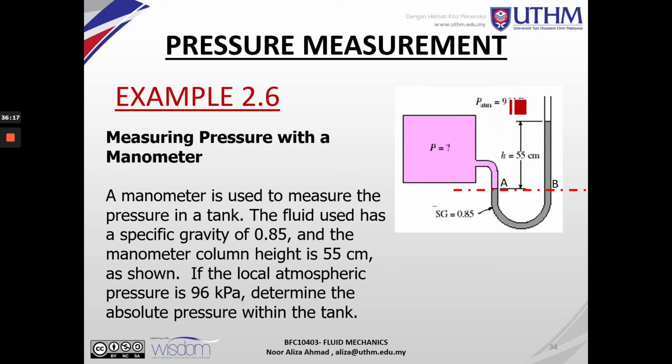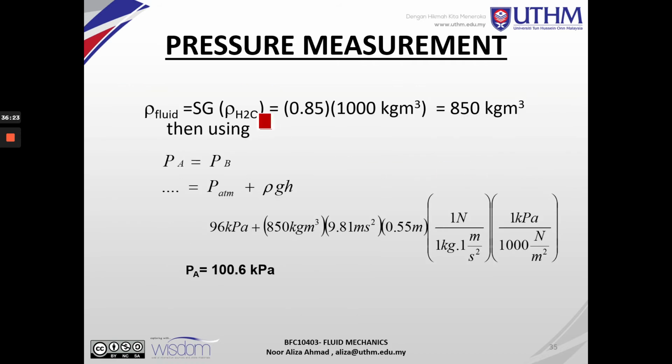So we know that P atmosphere on this side is 96 kilopascal. Look at this given. To get the density of the fluid, you must use the SG, the specific gravity of the fluid, times the density of water.